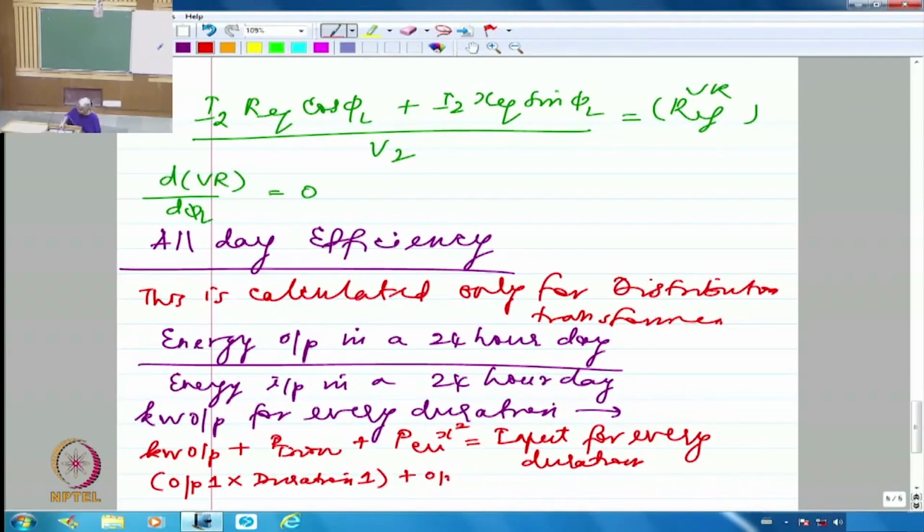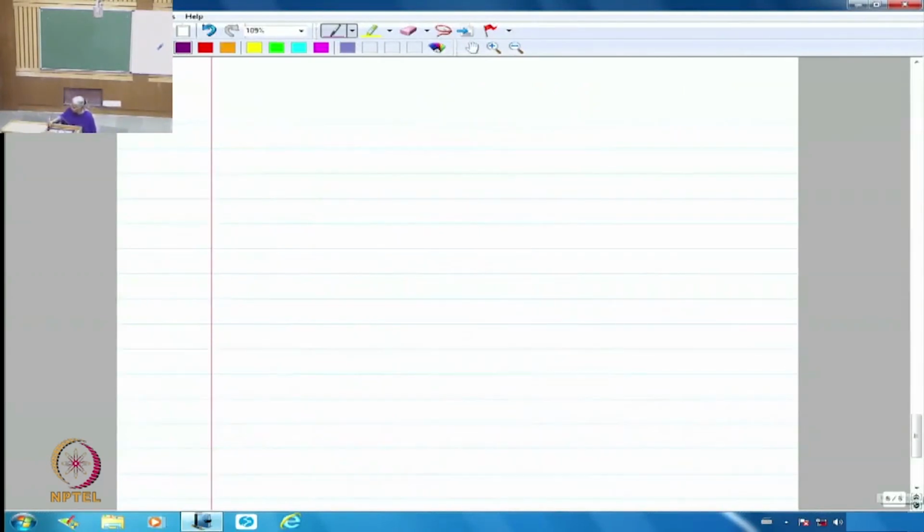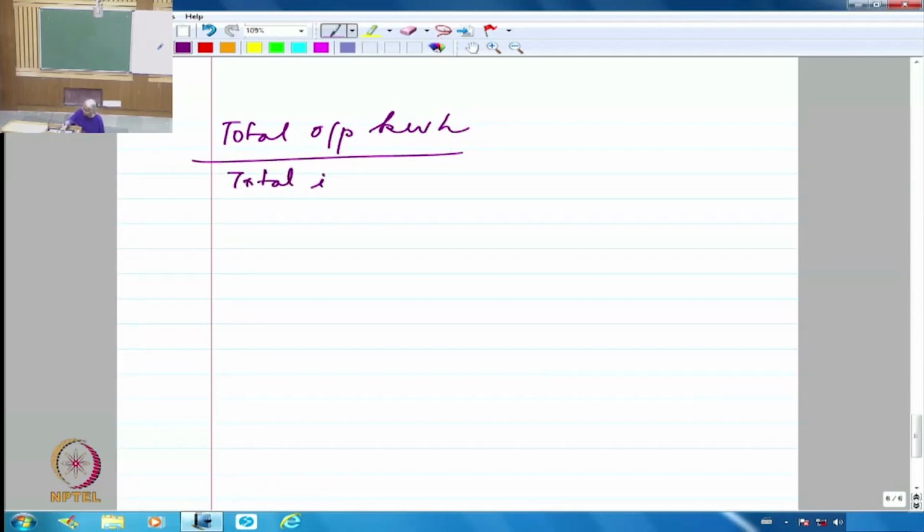Then similarly output 2 multiplied by duration 2 and so on. This will be the total output kilowatt hour, divided by the total input kilowatt hour. This is what the all day efficiency is.